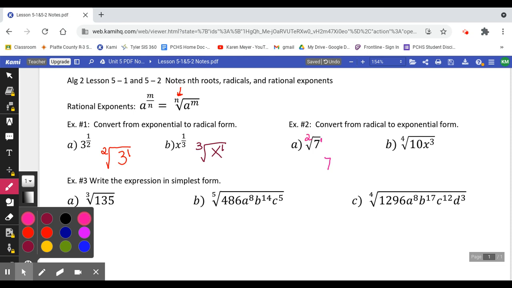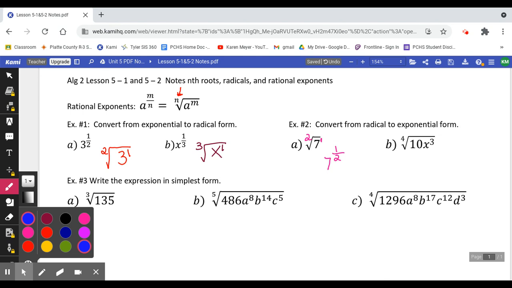And for square root, the index number is 2. They just don't write it because they expect you to know that it's 2 because we call it a square root. So remember, inside is the numerator, outside is the denominator. So it should be 7 raised to the 1/2 power.